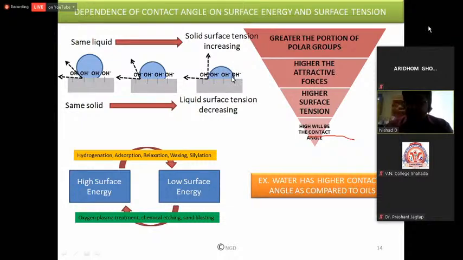So I can make my surface go from higher surface energy to lower. So here you can see that this pyramid shows you the greater the portion of your polar groups, higher will be the attractive forces, higher will be the surface tension, and higher will be the contact angles. So therefore, this is very important. You can actually see that if you put an oil or if you put water on the surface, you can see what is going to happen.